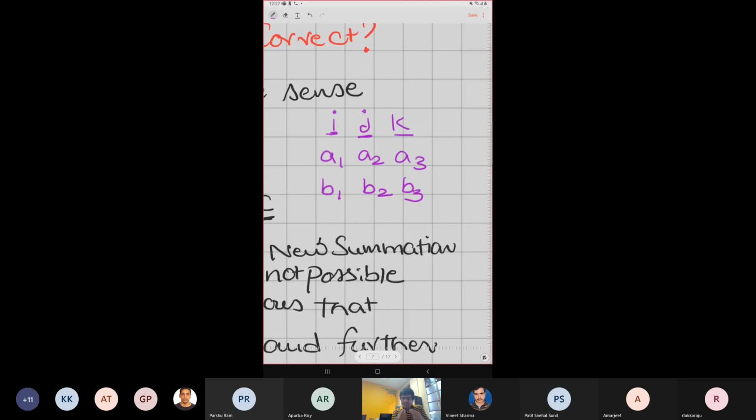Now let me slightly increase the complexity. My vector is not three-dimensional, not three components, but has n components: maybe A4, A5, and so on up to AN, B4, B5, and so on up to BN. Now I'm interested in indices i, j, k, m, n, p, q, r and so on.